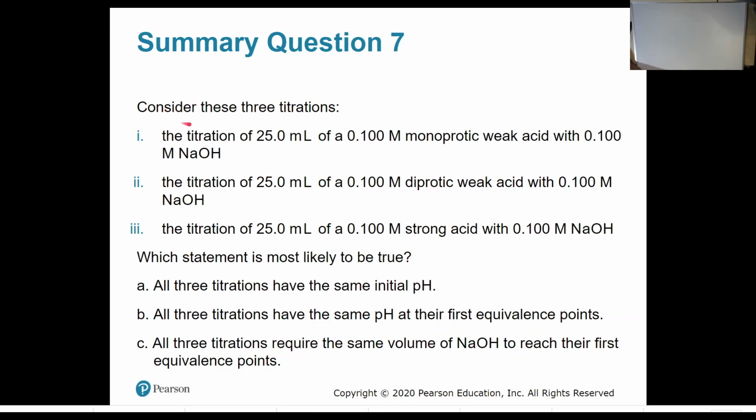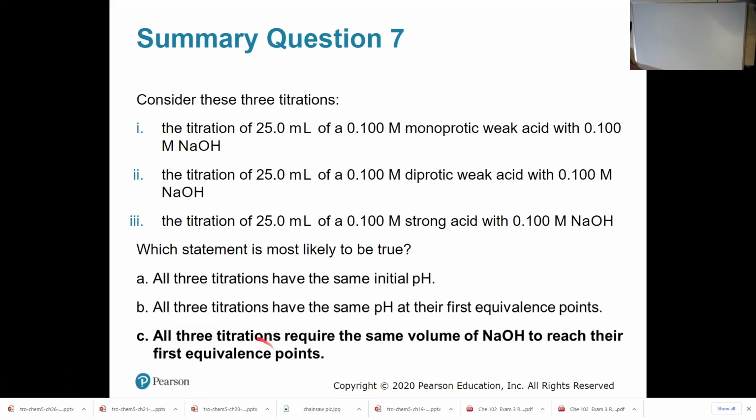It's a good question. You have to think these things out. I'm going to tell you right off that this is going to be our correct answer, and I want to go through one at a time why that's true. We can't say that all 3 of these titrations are going to have the same initial pH, because we can't directly relate the concentration of weak acids with the hydrogen ion concentration, which is what we would use to calculate the pH.